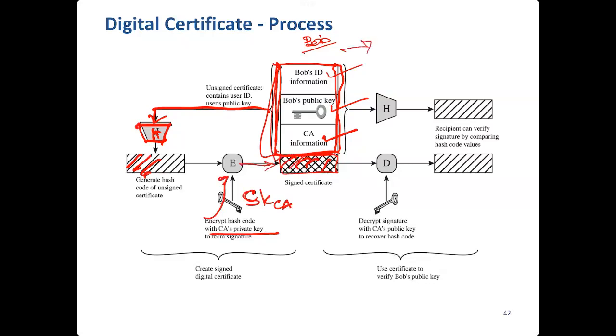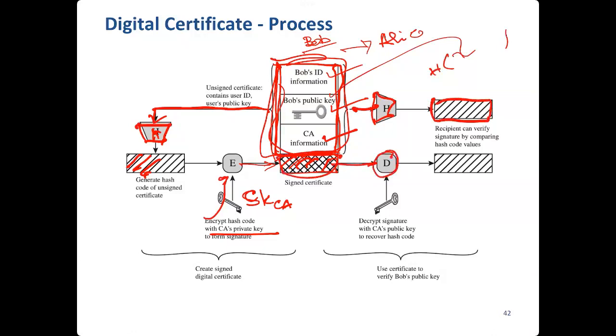Now Bob sends this certificate to Alice. What Alice does is she looks at the plain part and computes the hash, because the hash function is known. She gets the hash of this part. Then she takes the signature and decrypts it using CA's public key, PK of CA, and gets this one.